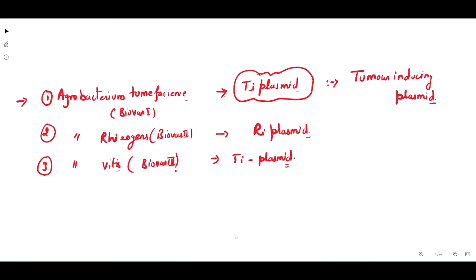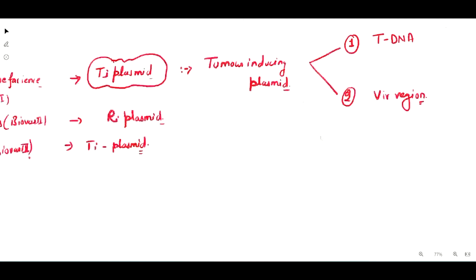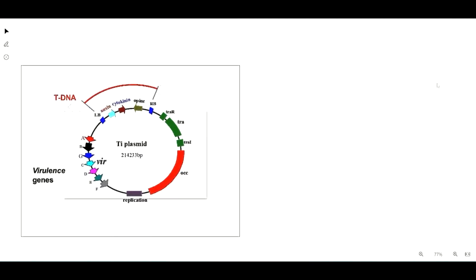The Ti plasmid consists of two regions. Number 1 is the tDNA and the second is the Vir region, as you can see here.